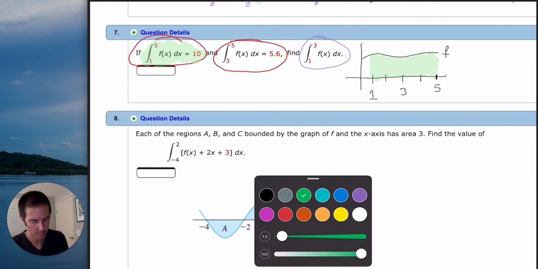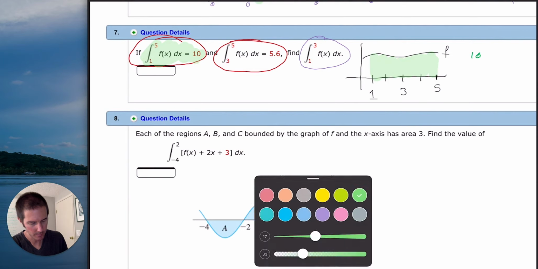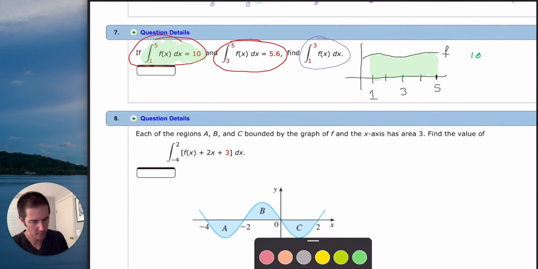Maybe I should put it out here. There's no great place to write that. 10. The integral that goes from 3 to 5, we need a different color now. Maybe this pink color will work.